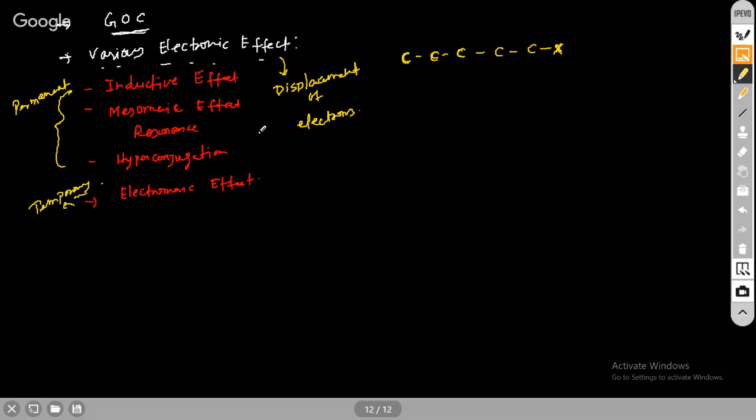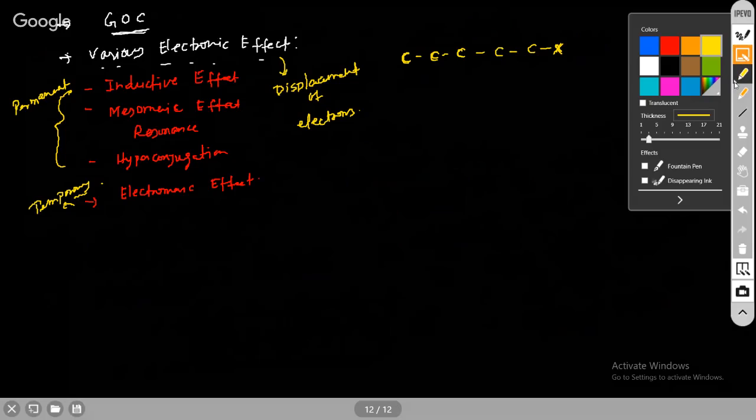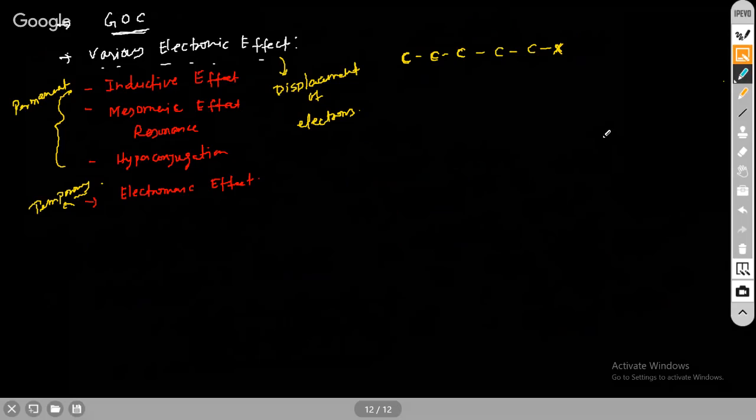That's the meaning of electronic effects. Now I take this example. Obviously this halogen atom attached to this carbon is more electronegative than the carbon atom that is present.